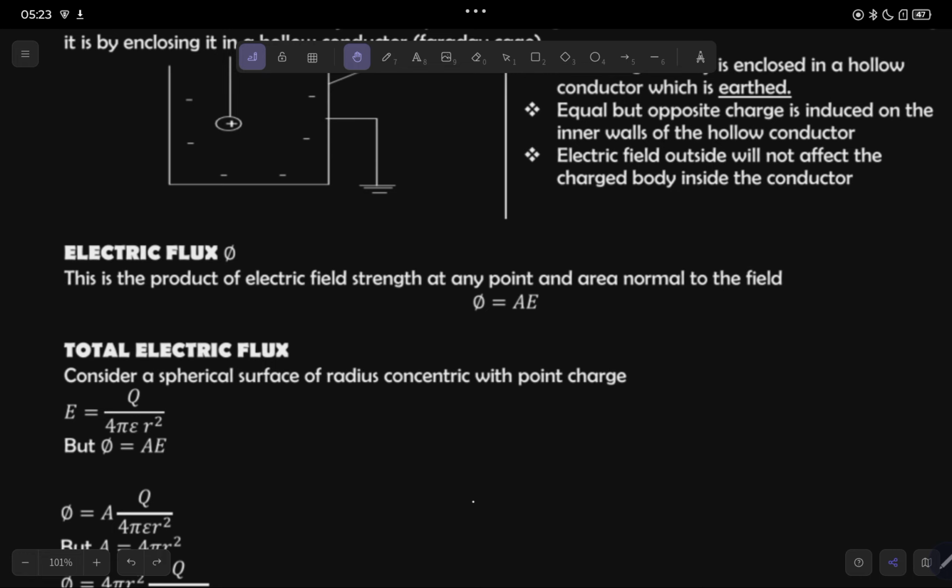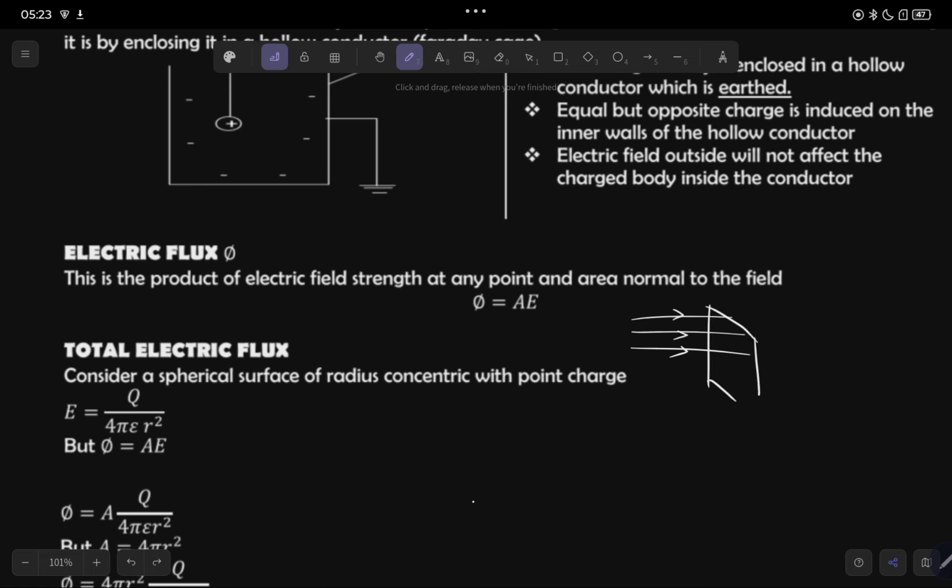So if I have an electric field due to a charge, and electric field lines are being shown by this, and I have an area A normal to this one, the electric flux phi passing through this area will be the electric field intensity at that point times that area normal to the field. So electric flux is the product of the electric field intensity or strength at any point and the area normal to that electric field at that point. So obviously the electric flux has units.